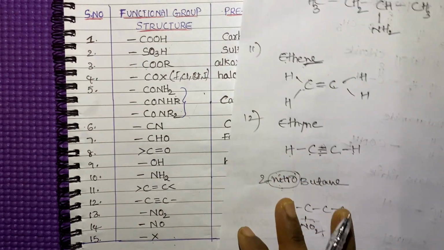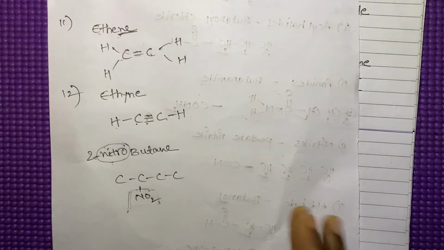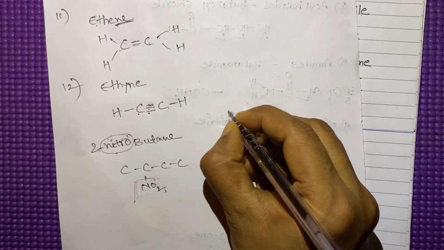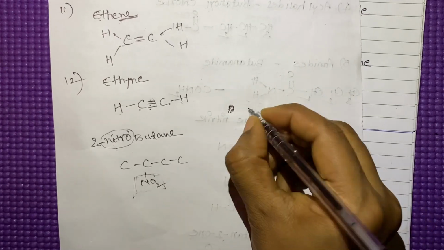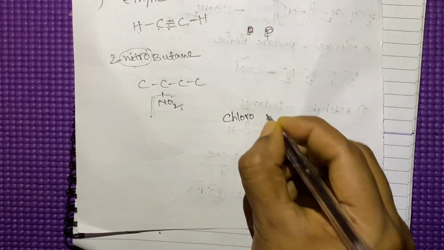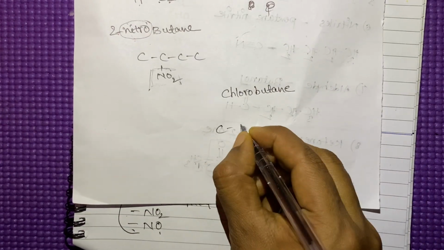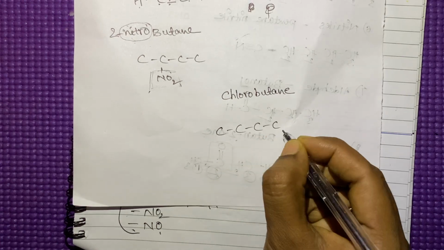The halogen groups are also like that. Halogen groups: chlorine, bromine, iodine, like that. We'll see one example for the halogen group also. Chlorobutane. Butane means 4 carbons, 1, 2, 3, 4 carbons, right?